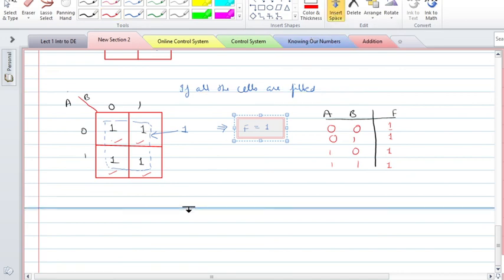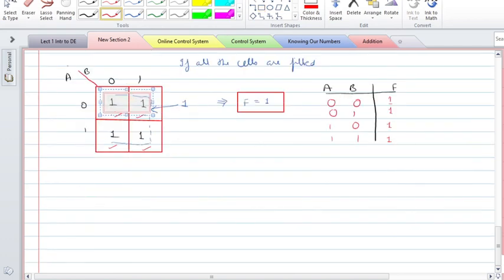And if none of the cells is 1, let's see here.